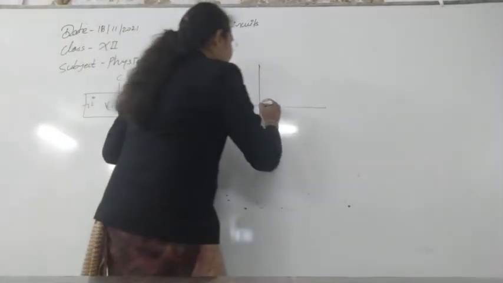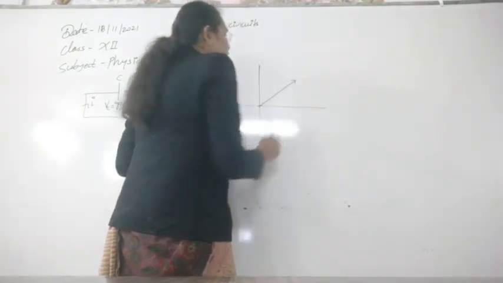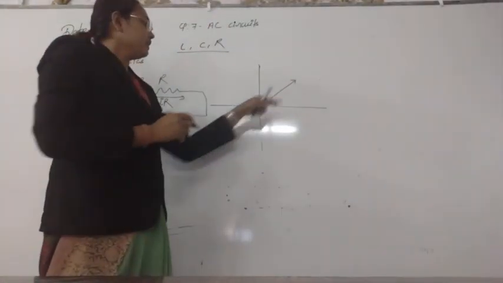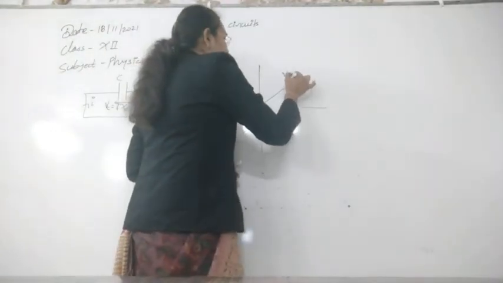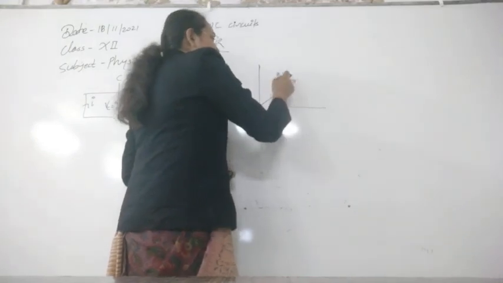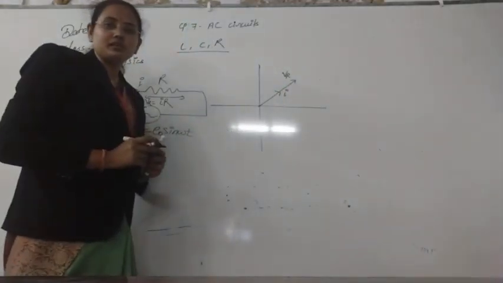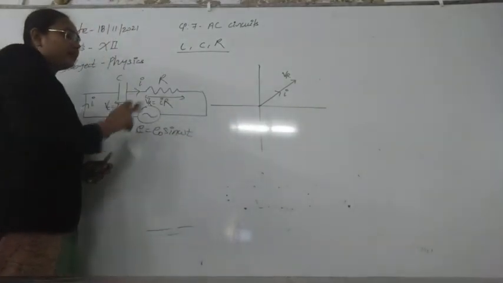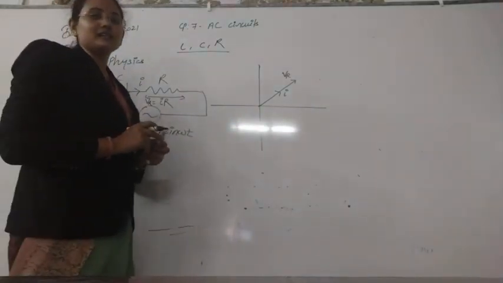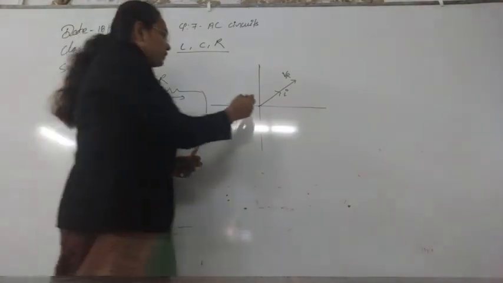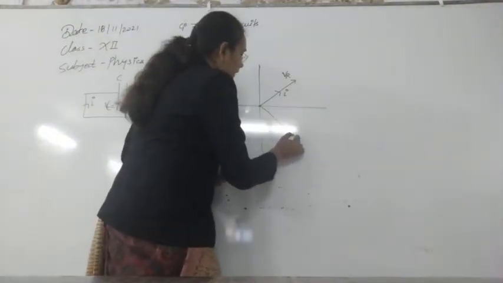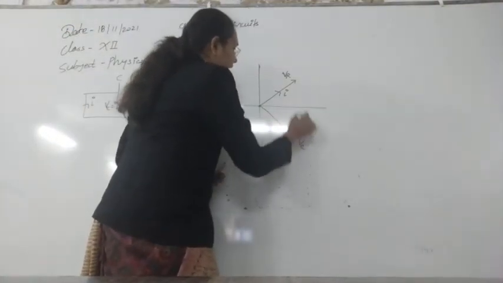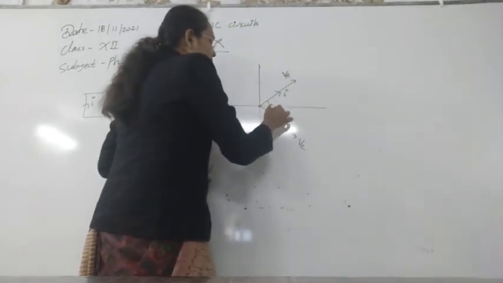So at any instant, suppose the potential in resistance is at this location, so this is VR, and as current and potential are in the same phase, it will also be in the same direction. But in a capacitive circuit, we know current is leading the potential. So the potential in the capacitor will lag behind the current by the angle pi by 2.